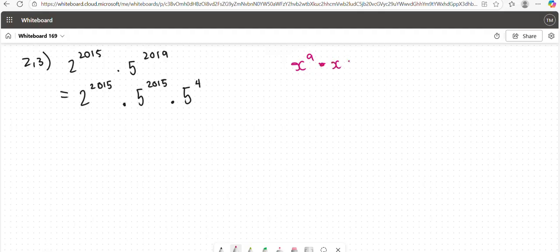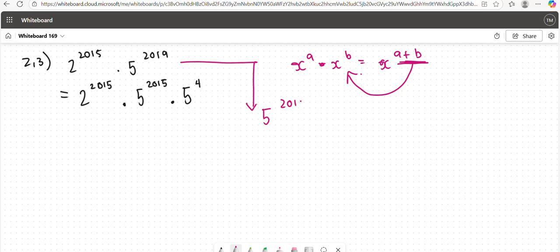If these are multiplying and the bases are the same, you add those exponents. But similarly, you can move from things that are added to splitting it up like that. So essentially, I'm writing the 2019 as 2015 plus 4, and then splitting it up into this.